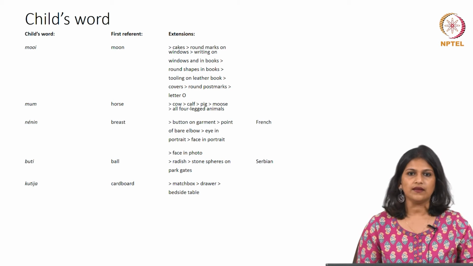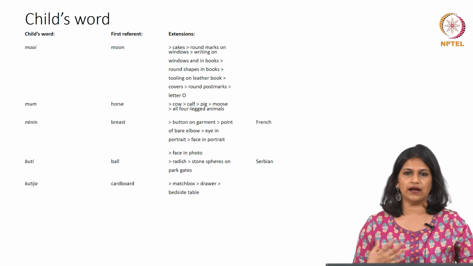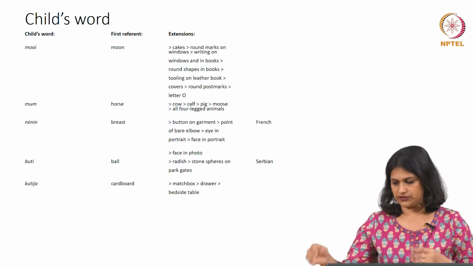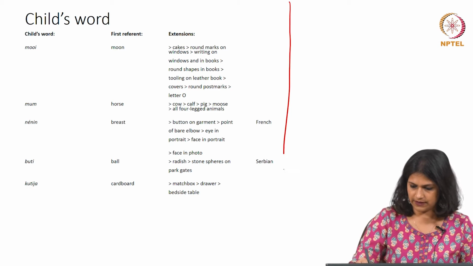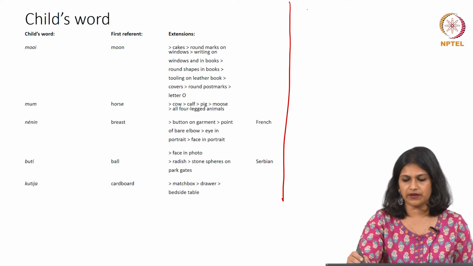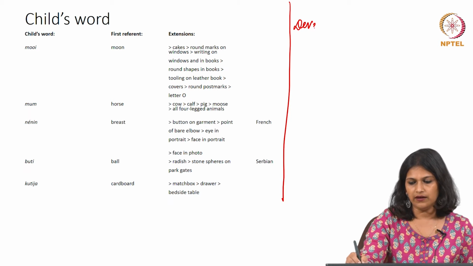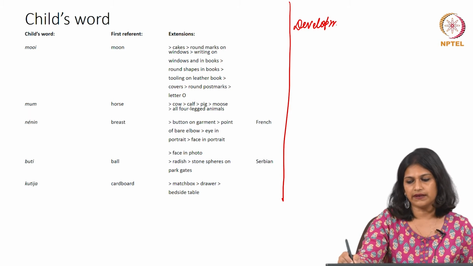So, I am going to talk about the developmental changes now. Until the previous session, we were talking about the diachronic changes, and here we are going to talk about the developmental changes.